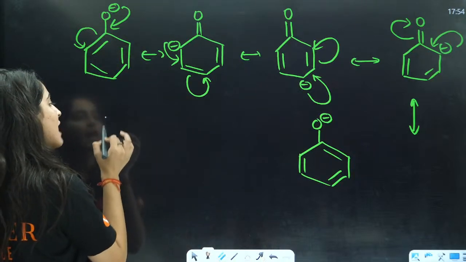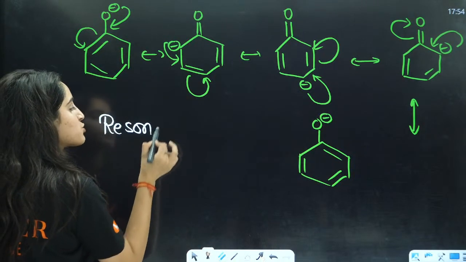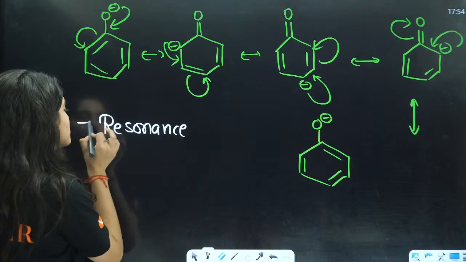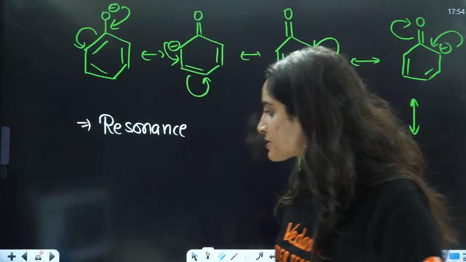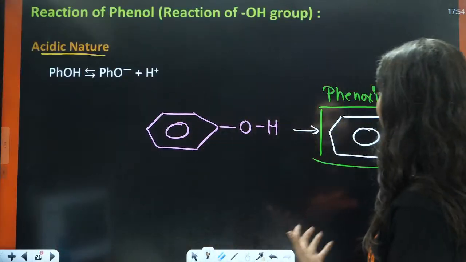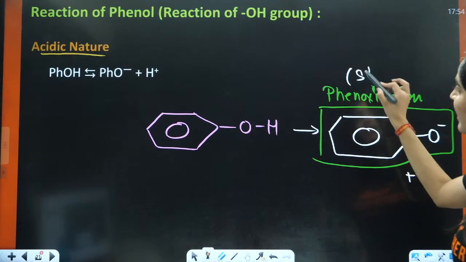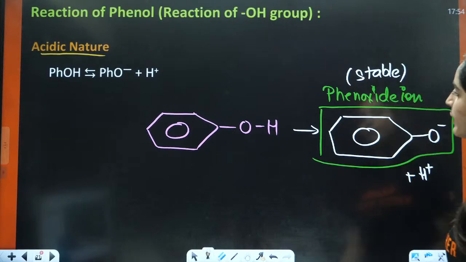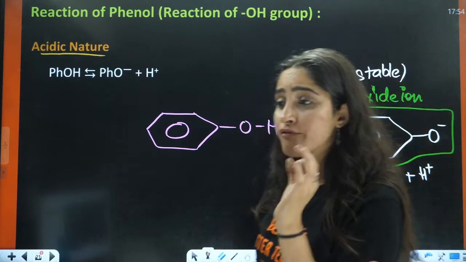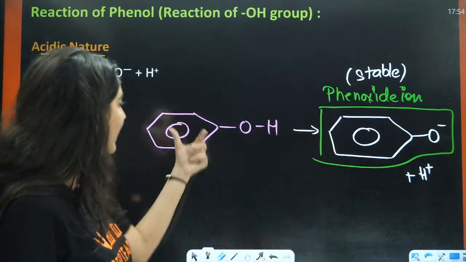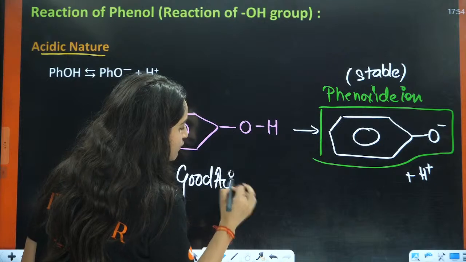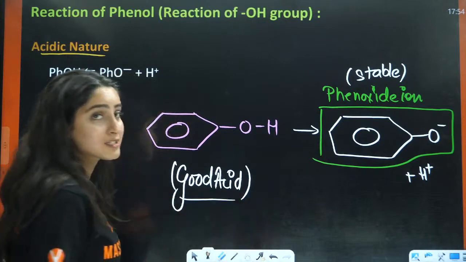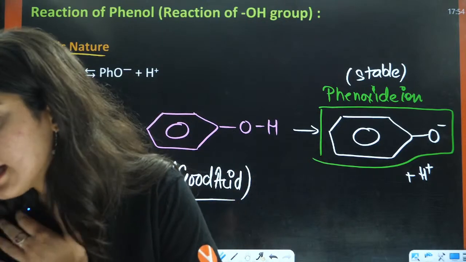Basically, this phenoxide ion is under resonance. So, resonance will provide stability to that ion. That means, because of so many resonating structures, this phenoxide ion is very stable. Because this phenoxide ion is very, very stable, that is why this phenol is a very good acid. It is acidic in nature, right?